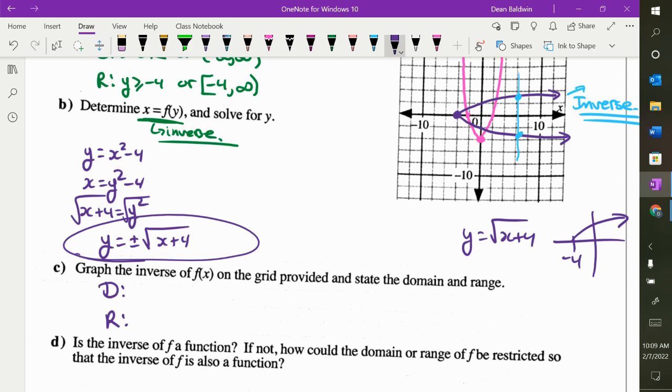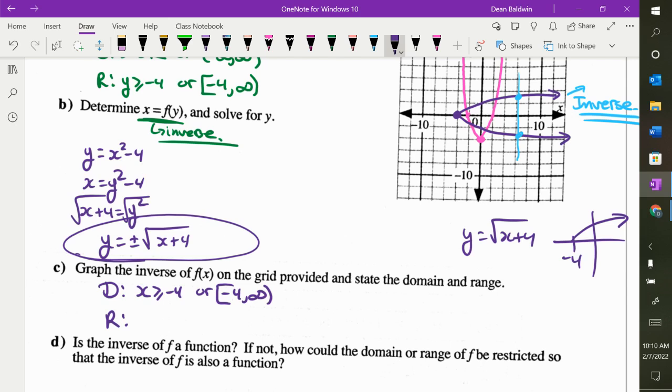Yes. So we start at negative 4 here, and they get bigger going to the right. So you can say x is greater than or equal to negative 4, or you can say negative 4 to infinity. Does that make sense?